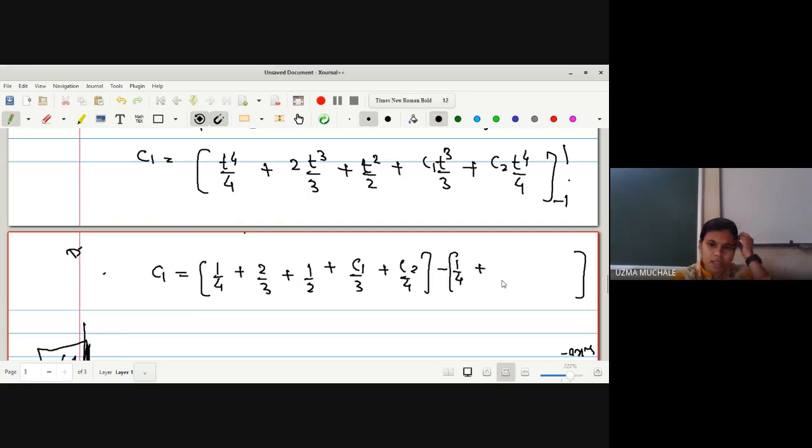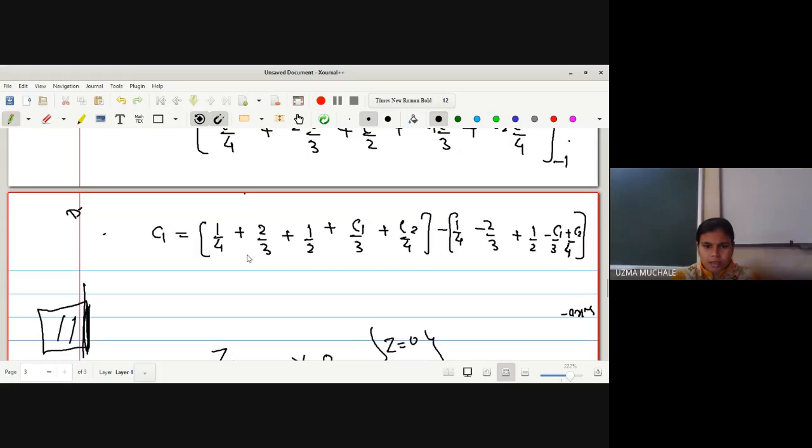Now as it is t cube, it will have a negative sign. After putting −1, it will be −2 by 3 plus 1 by 2 minus c1 by 3 plus c2 upon 4.